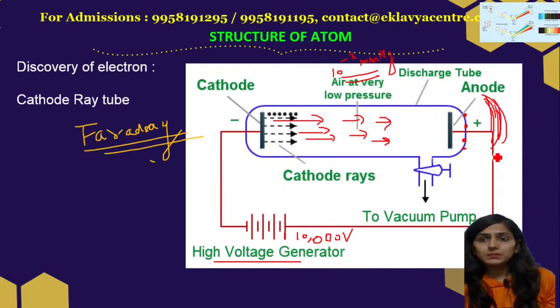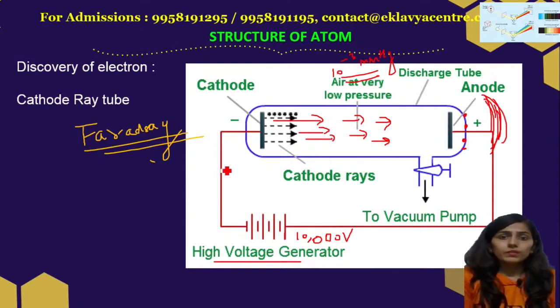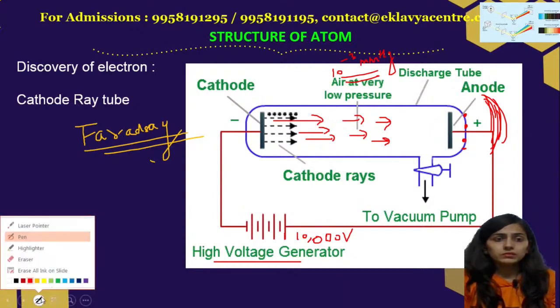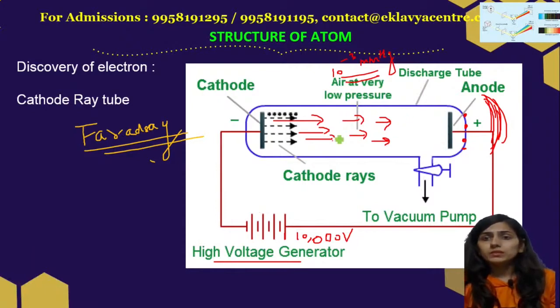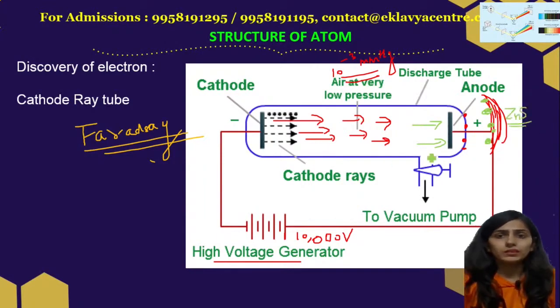On striking this surface, they found a fluorescent light. This material was ZnS, that is zinc sulfide.